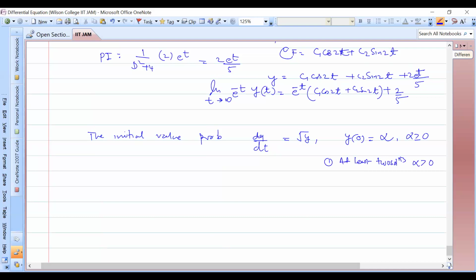Number two, no solution if alpha is greater than 0.